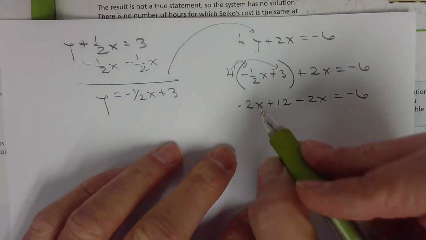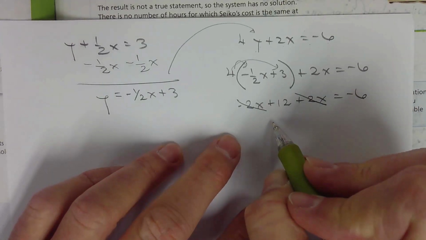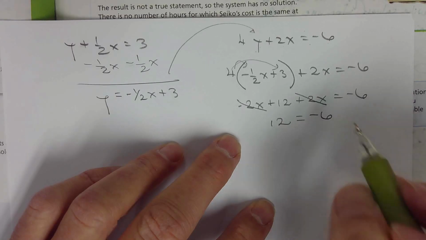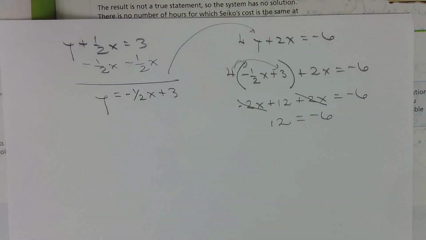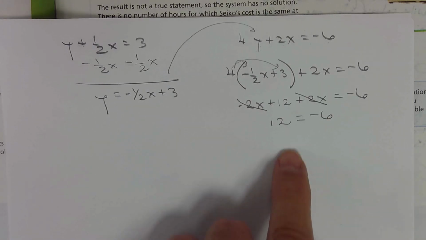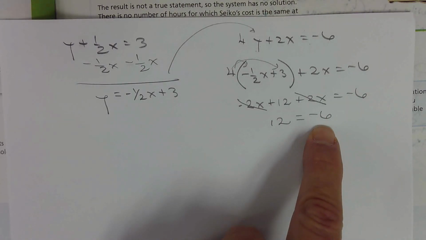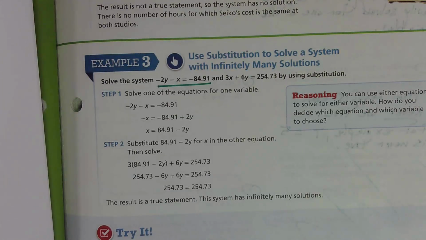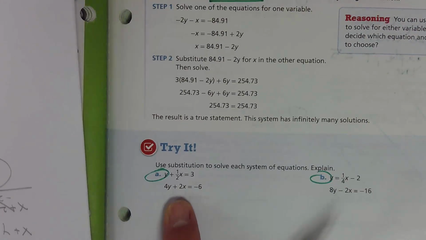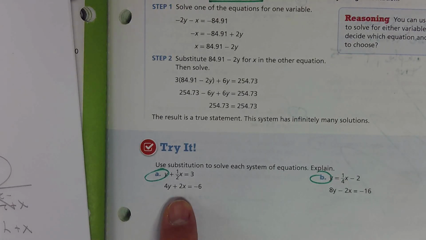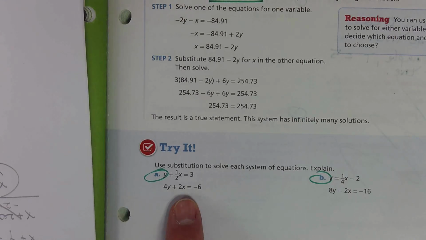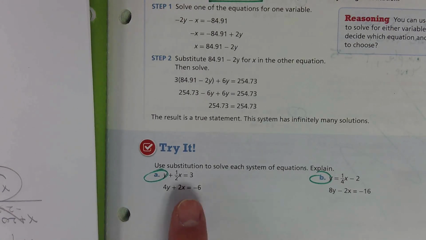Yeah. Negative 2x and 2x. So I'm left with 12 equals a negative 6. What do we have? One solution. No solution. 12 is never equal to negative 6. So for these two equations, for A and the triad, page 283, there's no solution.